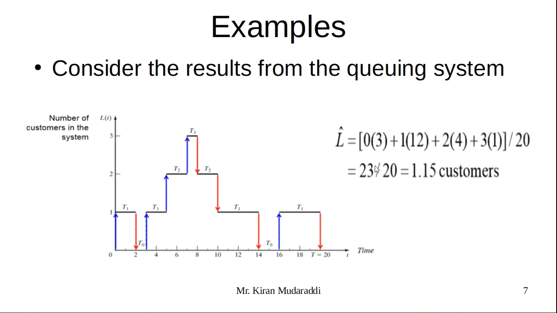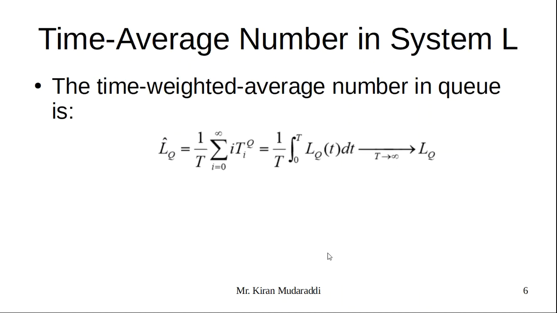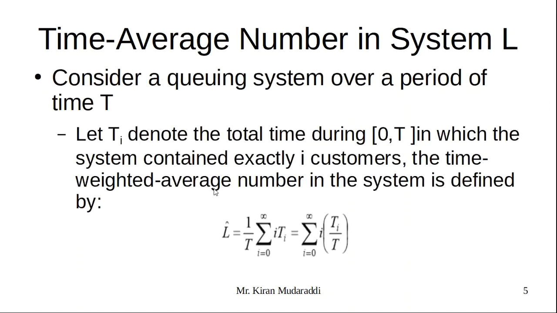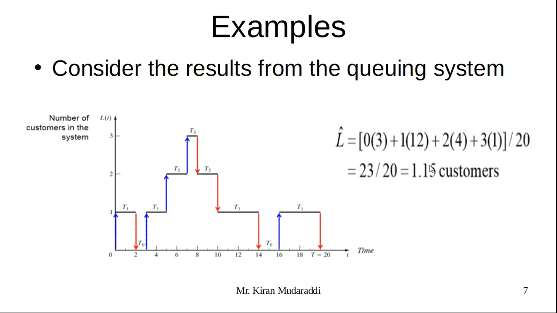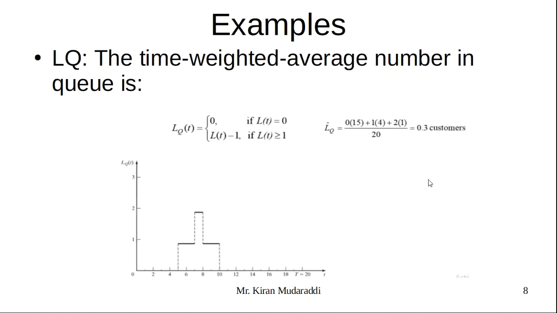T3 is how much? Only 1. So it is 0 into 3 plus 1 into 12 plus 2 into 4 plus 3 into 1, divided by total time T, that is 1 divided by T. So that is 23 divided by 20, 1.15 customers. This is the L value calculation.